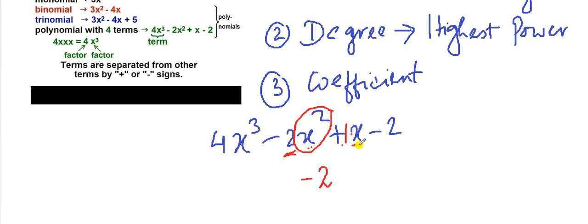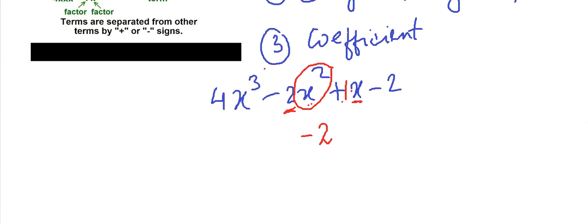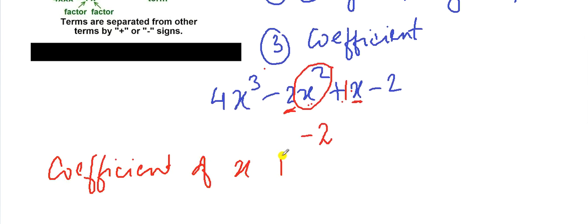Now similarly, if the question says what is the coefficient of x in 4x cube, I am talking about a particular term of this polynomial, but in that term again I am talking of only x.